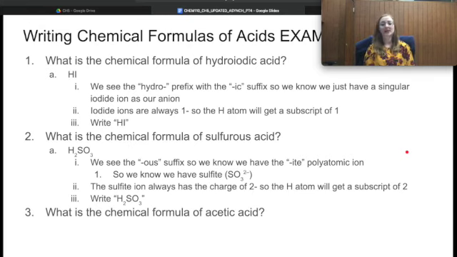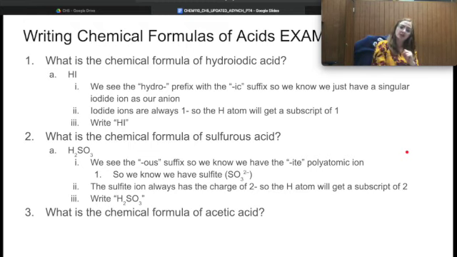We see that we have an IC ending, which means our original polyatomic ion ended in ATE, so that means I had the acetate ion to make this acid. So I have to figure out what the charge on acetate is, and then I can use that as the subscript for my hydrogen in this case. So acetate is C2H3O2 with a 1- charge, so that means I only need 1 hydrogen.